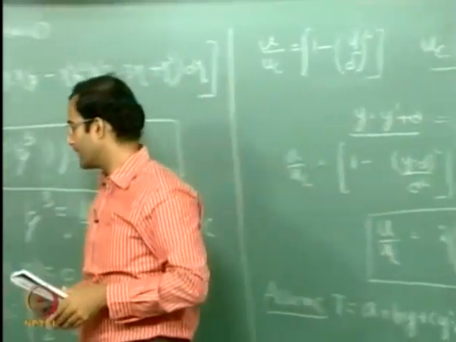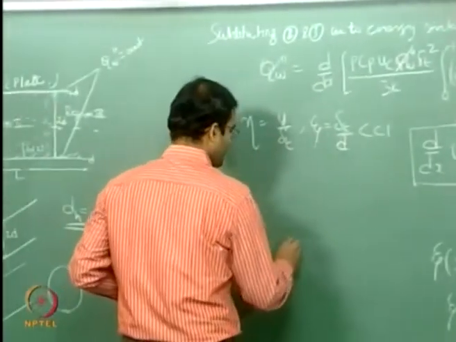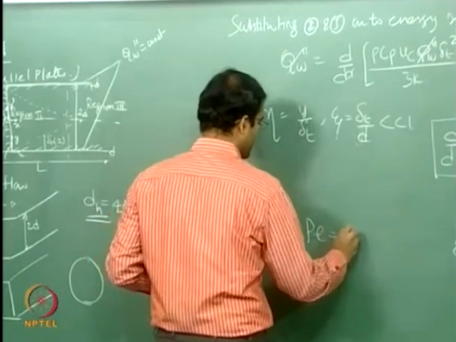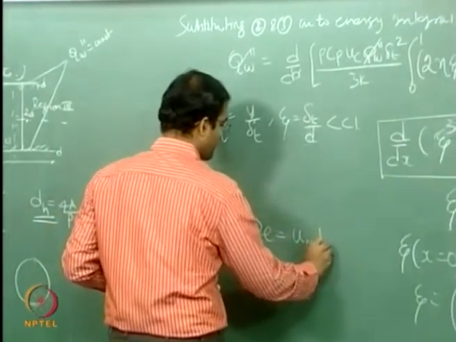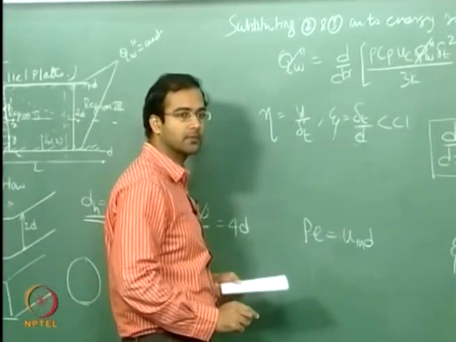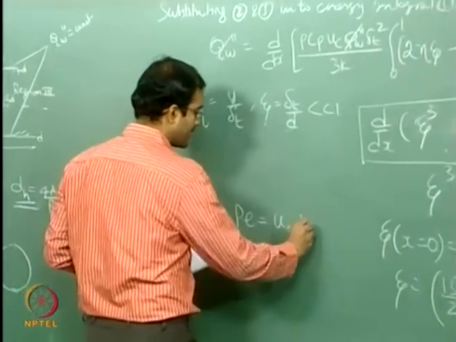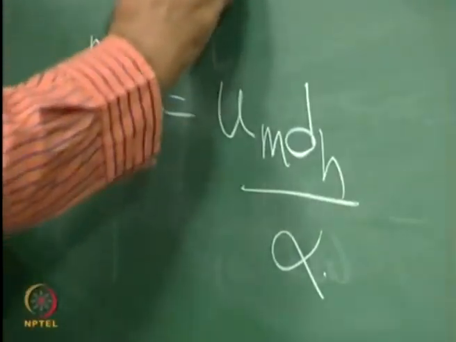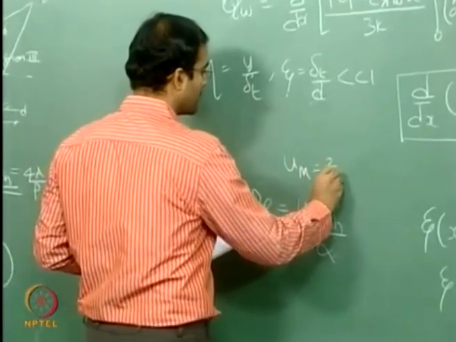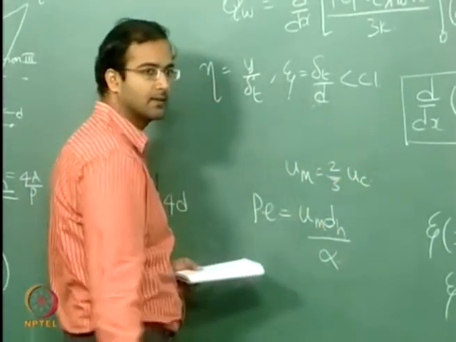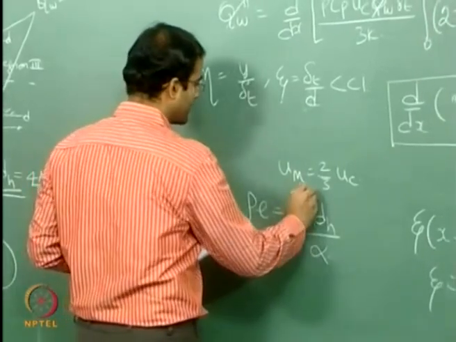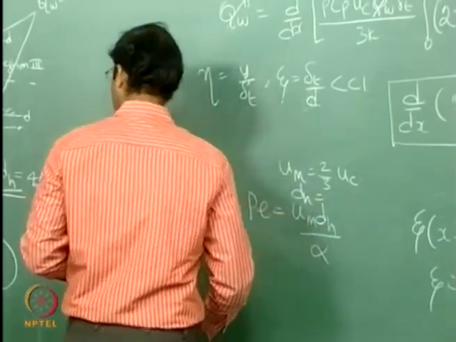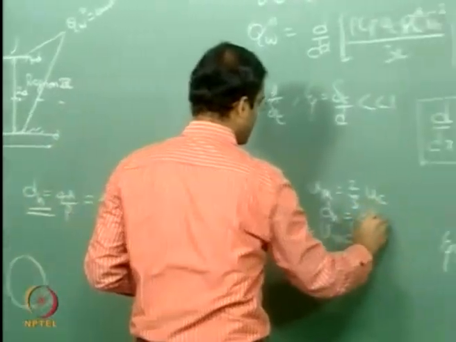I can define my Peclet number in this case as um and the diameter I am going to use, my equivalent hydraulic diameter, dh by alpha, where um is equal to 2 by 3 uc and my dh is equal to 4 times d.